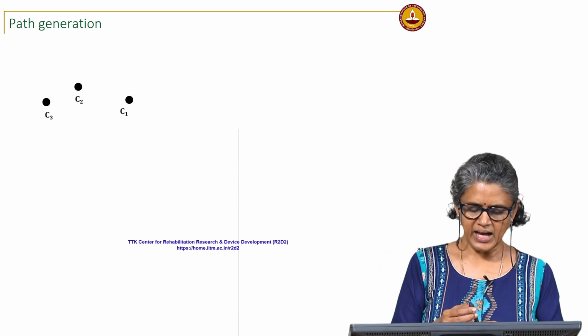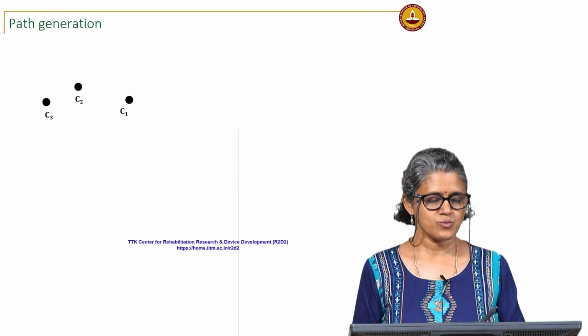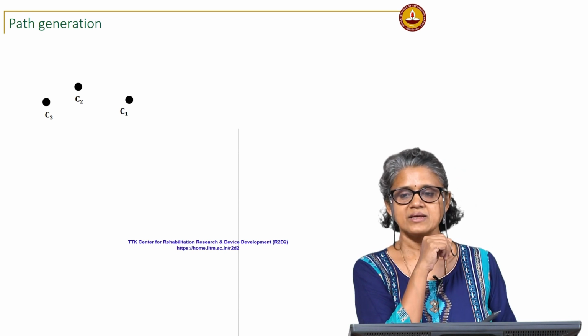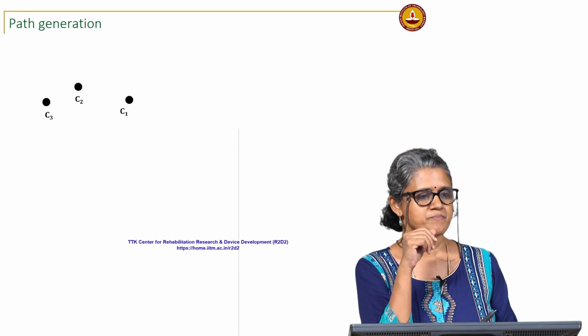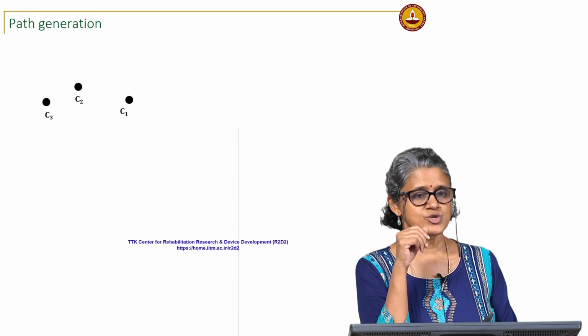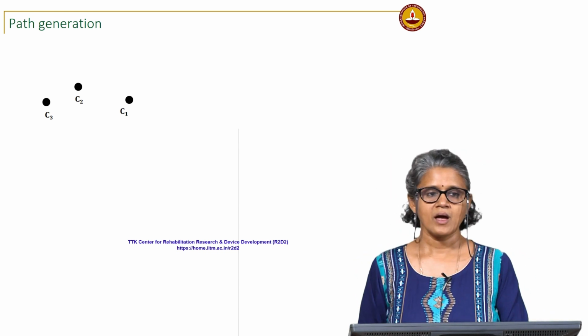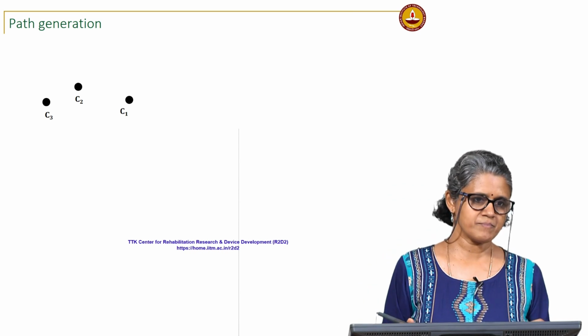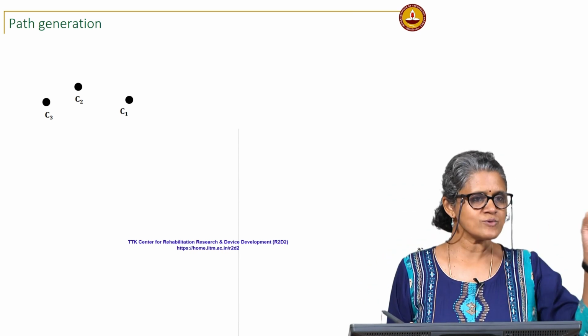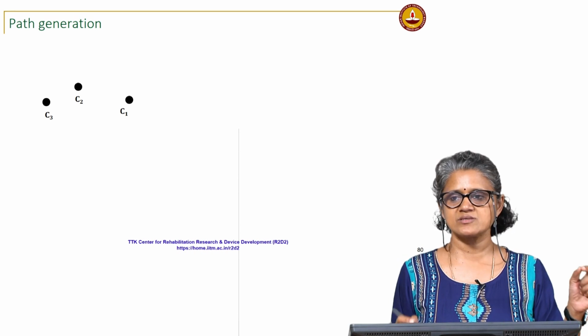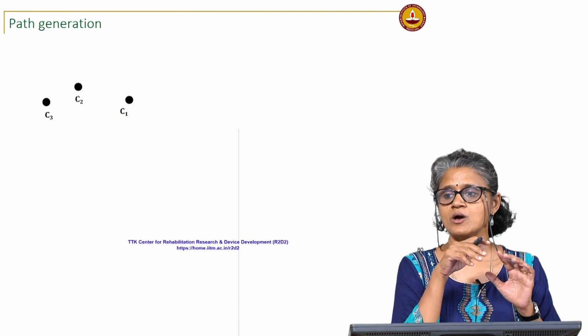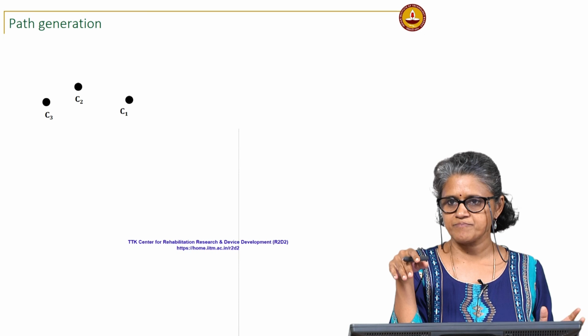Now, the third class of mechanisms would be your path generation mechanisms. So, usually when we look at path generation, we are looking at a point on the coupler moving through certain points. So, now you are not worried about the orientation of the coupler, okay.